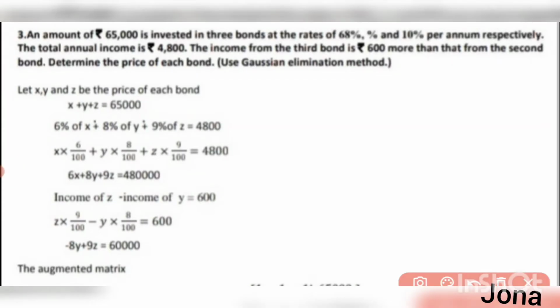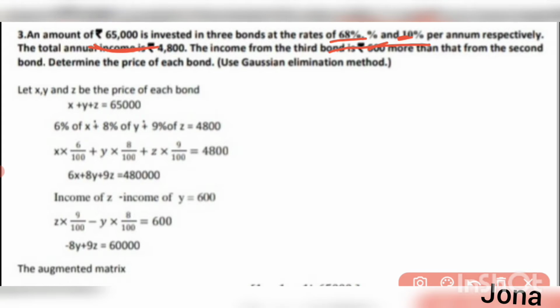Third problem. An amount of 65,000 is invested in 3 bonds at the rates of 6%, 8% and 9% per annum respectively. So for the 6%, 8% and 9%, the amount will be invested as rupees 65,000.